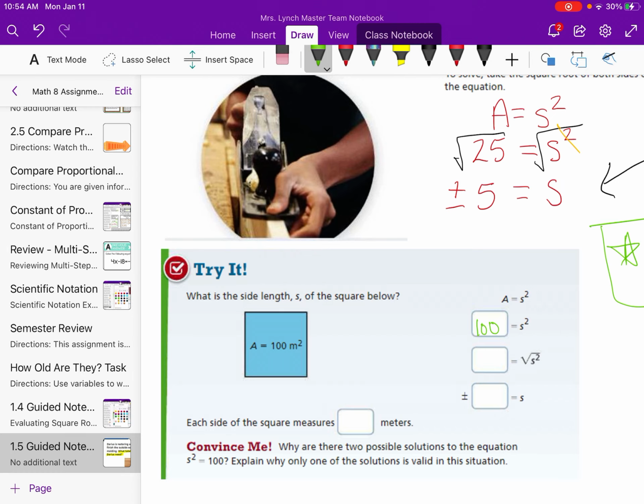And again, in order to get that exponent of 2 to go away, we have to take the square root of both sides. I'm going to write that little mini step in the middle, what's happening between this block and the next empty block. In other words, what number times itself gives you 100? That would be 10.